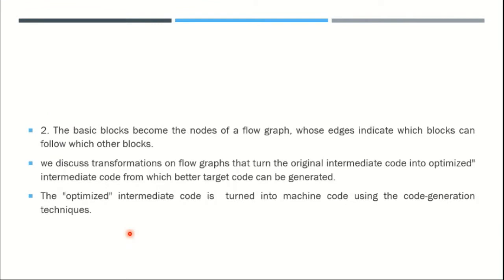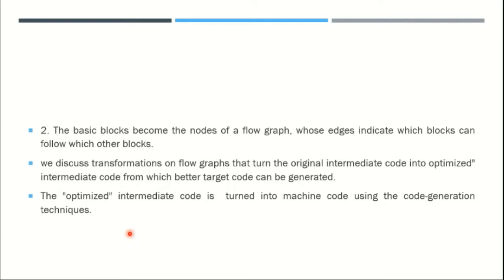Next, each and every basic block becomes a node of the flow graph. So in the flow graph each node is one basic block, and the edges between one basic block and another, that is from one node to another, exist when the instruction immediately following the last instruction of basic block 1 starts the next basic block.